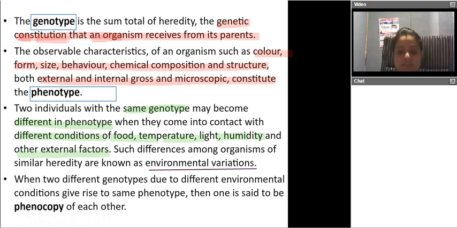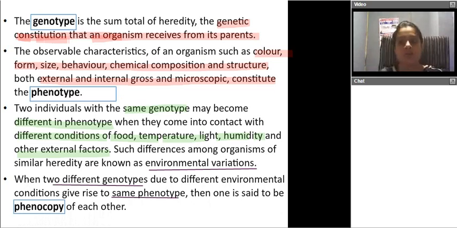Sometimes two different genotypes develop because of the same phenotype. These kind of organisms are known as the phenocopy of each other. So what is the phenocopy? It means the organisms that have different genotypes but give rise to same phenotype. Is it clear, everyone? Any doubt?